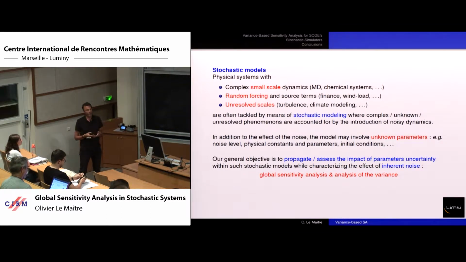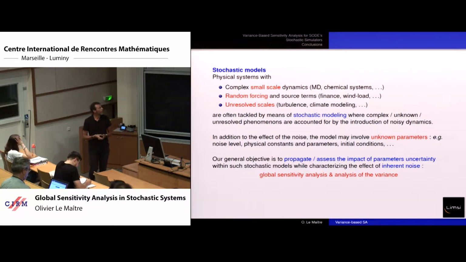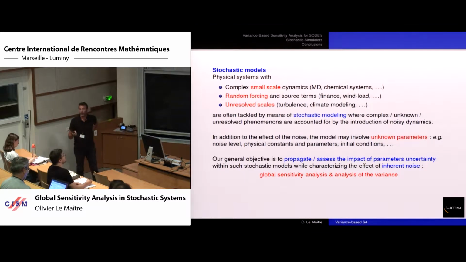It can be because at very small scales, usually you have noise, say typically thermal noise that can appear. And so the evolution is really inherently random. So here I'm thinking of molecular dynamic chemical systems for very small size reactors, for instance. Reactors could be biological cells, if you want.